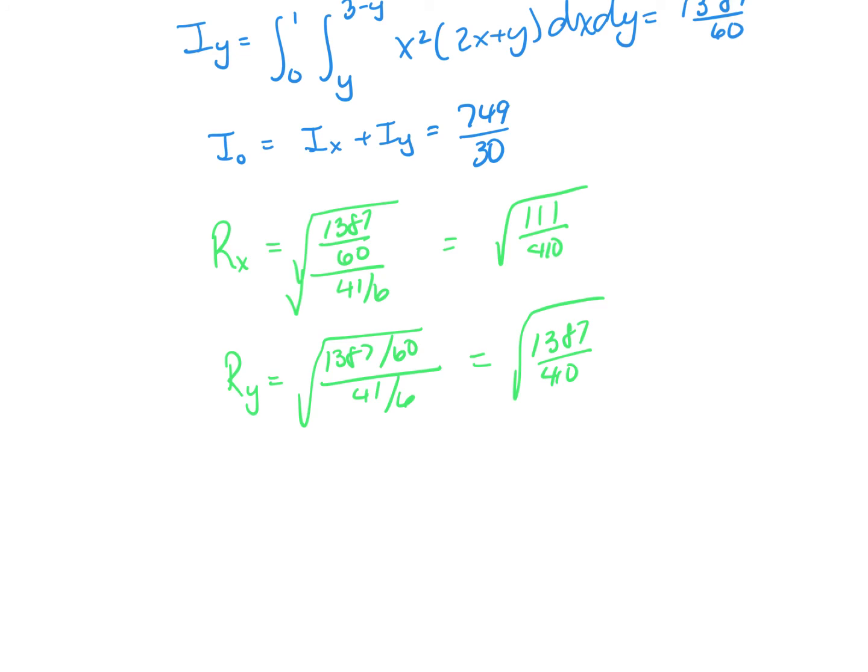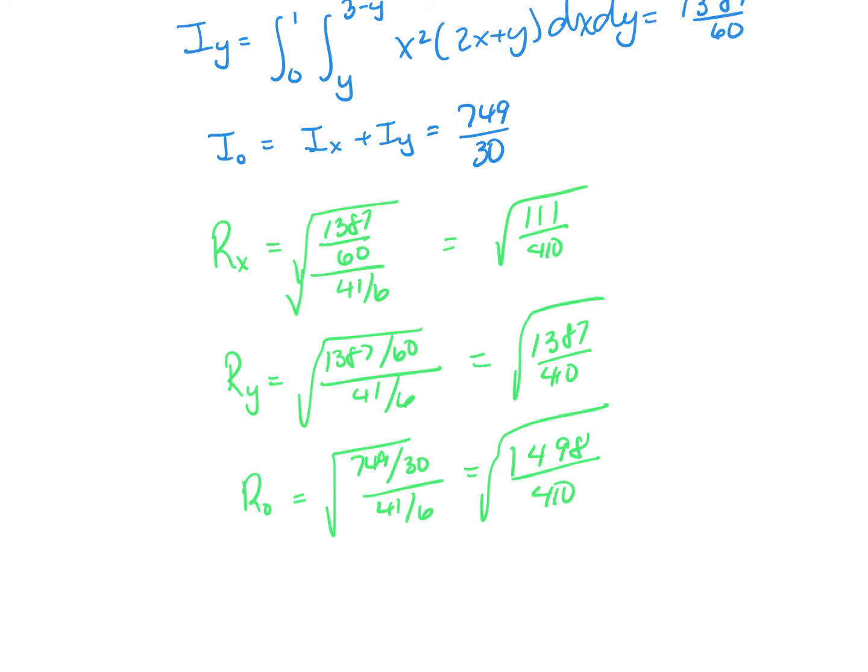And then we have our last one, r of o, which is the square root of 749 divided by 30, 41/6, which gives us, when we finally get done, 1,498 divided by 410, and I'm okay with a decimal equivalent 4 or 5 decimals out.